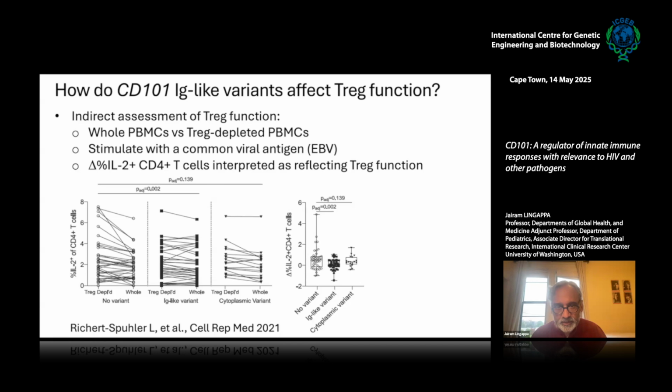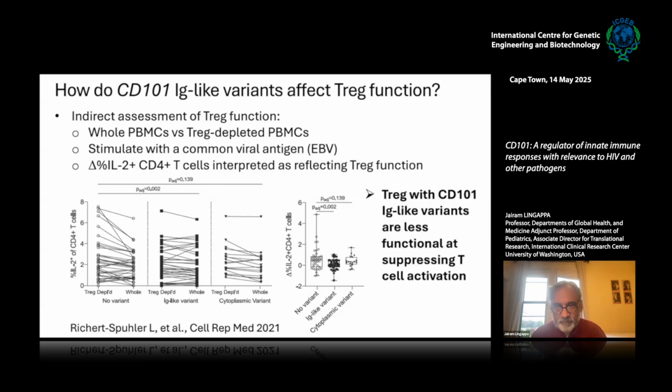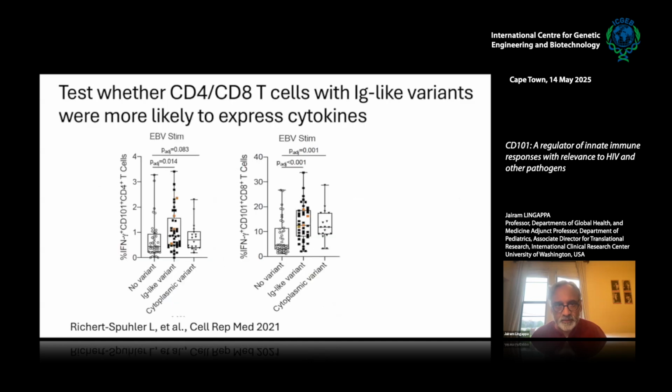And you could also look at just the level of IL-2 positive CD4 T cells and see that Ig-like variants were associated with a lower level of IL-2 positive CD4 T cells than no variants. So Tregs with CD101 Ig-like variants are less functional at suppressing T cell activation.